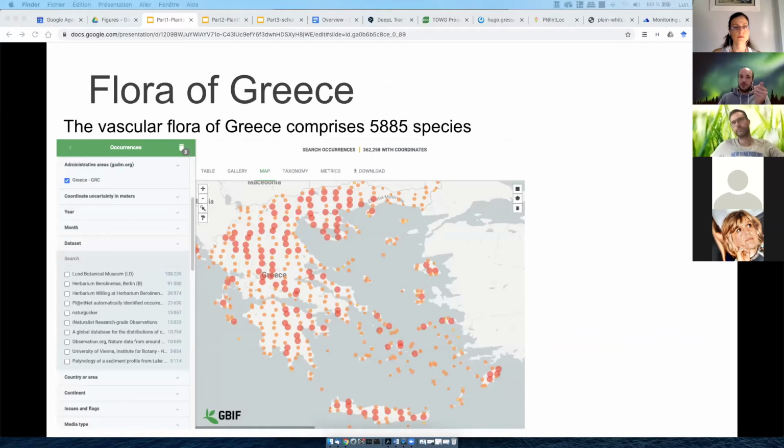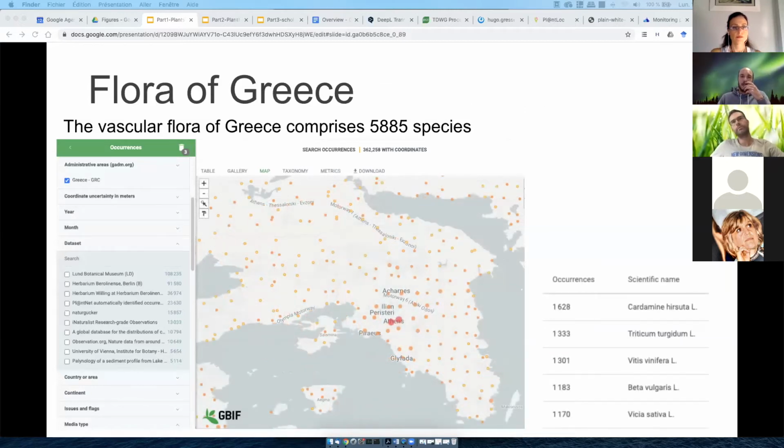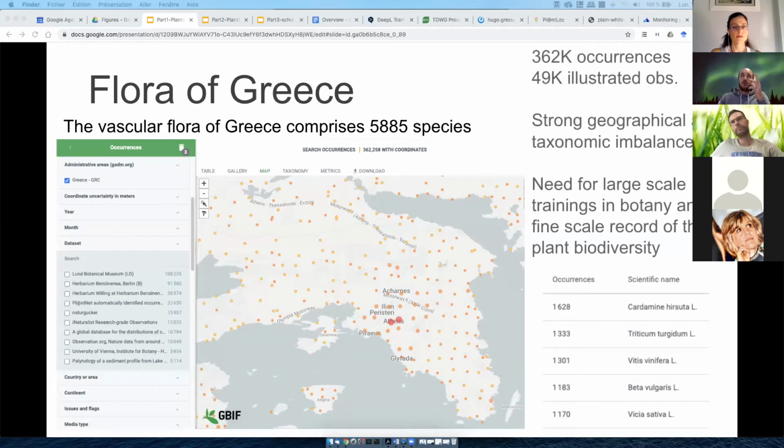entire flora of Greece. On the GBIF platform, again, here, we can see that this platform contains a high number of occurrences, around 262,000 occurrences, but only less than 50,000 of them are illustrated with a picture. So we can see that there is a strong geographical and taxonomical imbalance.